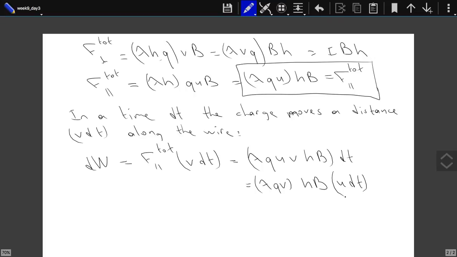Lambda q times v is nothing but the current running through my wire, I times h times b, U dt. Remember, u is the vertical velocity of the wire. So u dt, vertical speed times the time, is nothing but the displacement dl.